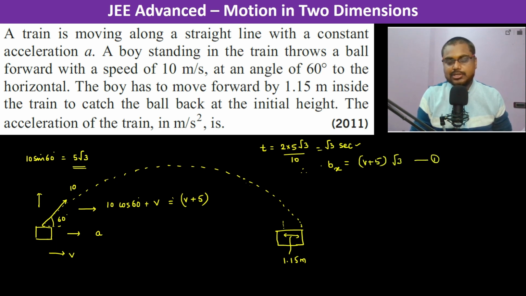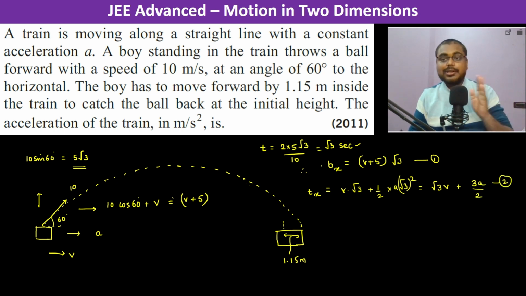There is no acceleration. Now the train moves in x direction with v into √3 plus half into a into √3 whole square. Okay, so that is √3v plus 3a by 2. Okay, that much the train moves.